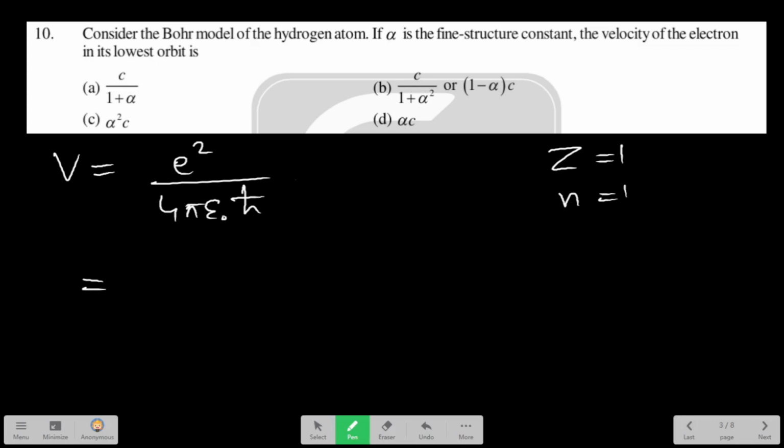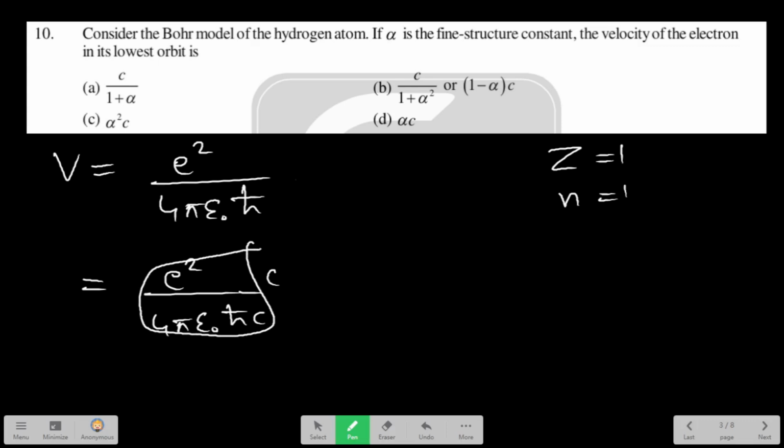This is equal to e square upon 4 pi epsilon naught h cross c multiplied by c. So I am multiplying and dividing by c, and this term here, e square by 4 pi epsilon naught h cross c, is called fine structure constant.